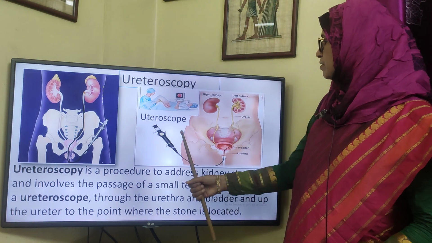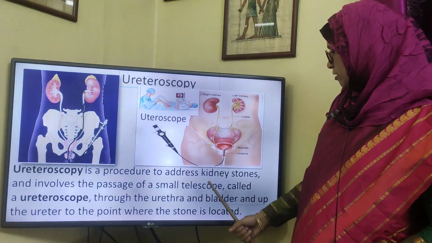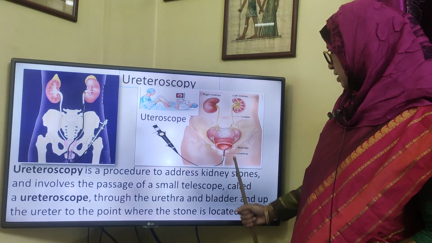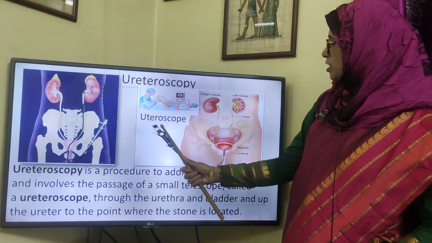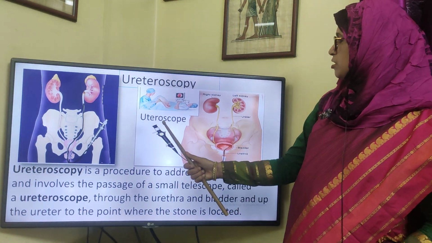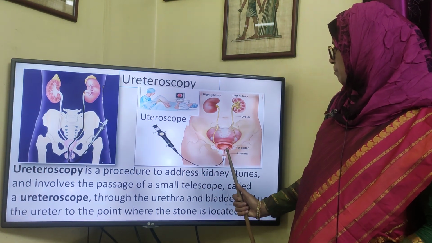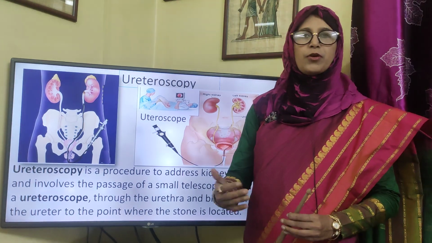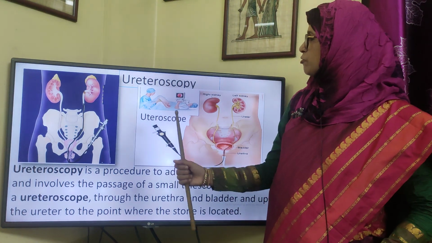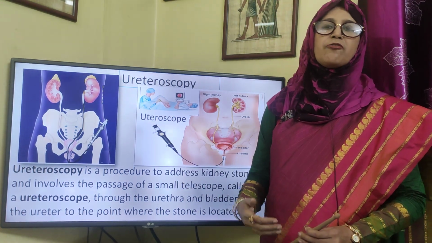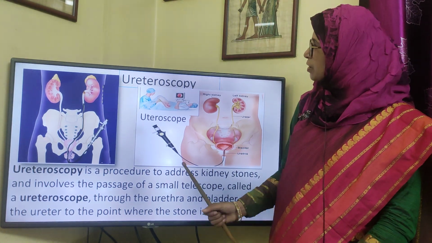This machine, the ureteroscope, goes through the urethra and bladder, see here, bladder, and comes to the ureter at the point where the stone is located. It finds out the position and what type of stone it is, so ureteroscopy is one kind of first treatment for addressing these stones.